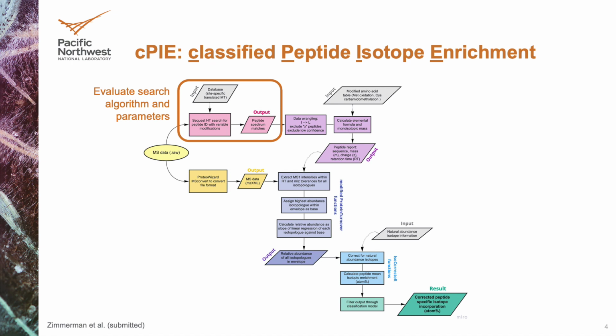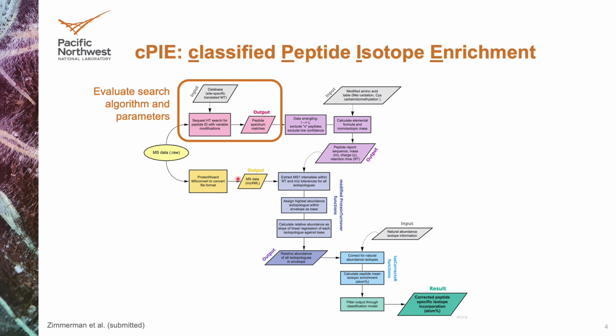As I mentioned, we named our pipeline the CPI pipeline for classified peptide isotope enrichment. Briefly, peptide spectrum matching is performed against a site-specific database with variable modifications to accommodate 15N substitution at any atomic N position.